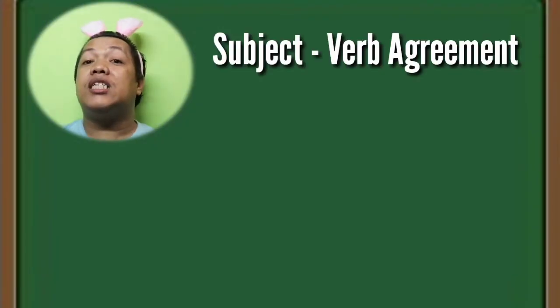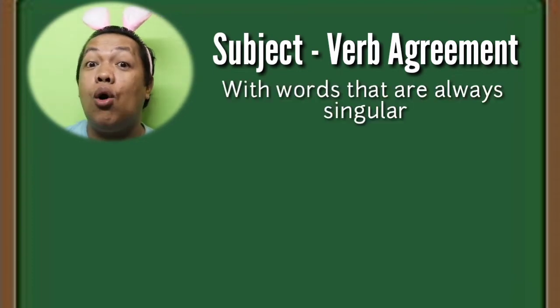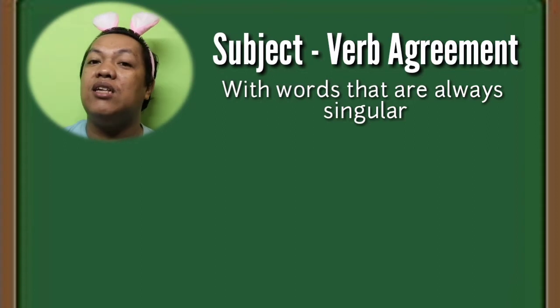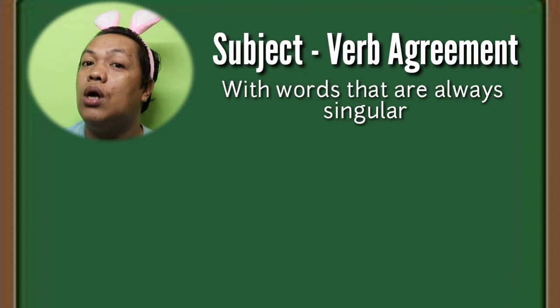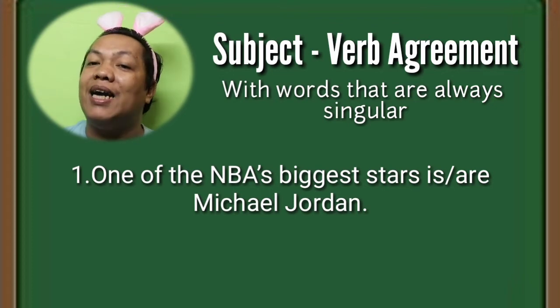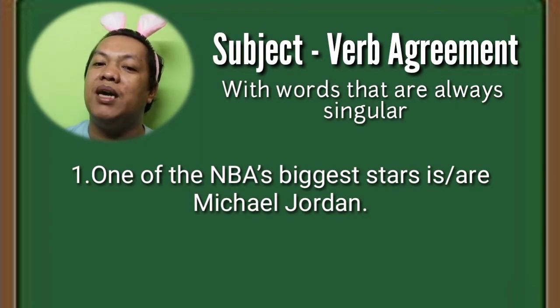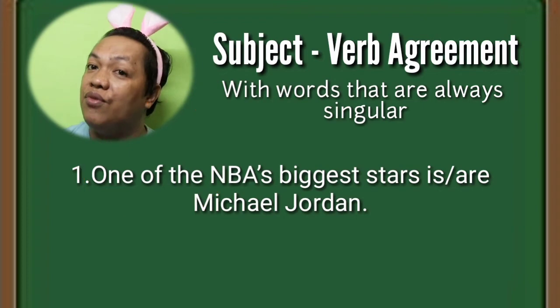Now, what about subject-verb agreement with words that are always singular in form? Look at your screens. Sentence number 1: one of the NBA's biggest stars are Michael Jordan. Remember that we are already in subject-verb agreement with words that are always singular. Your clue word for the sentence should be "one of the."